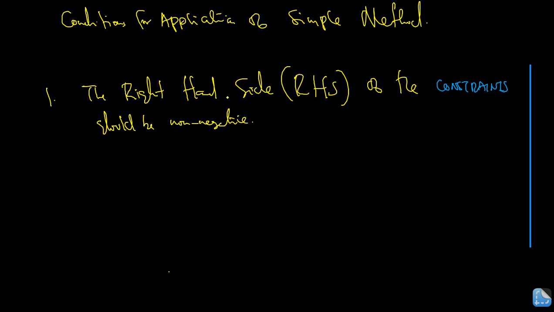Now, if you have an LPP, or a linear programming problem, which has a constraint for which a negative resource value is given, the first step is that you have to convert it into a positive value by multiplying both sides of the constraint by -1.